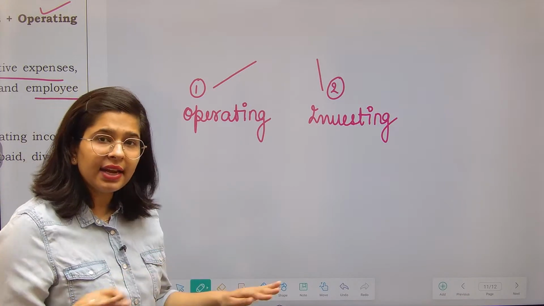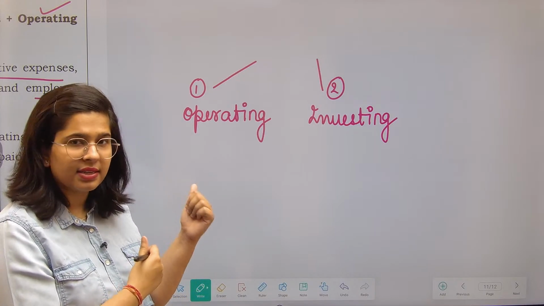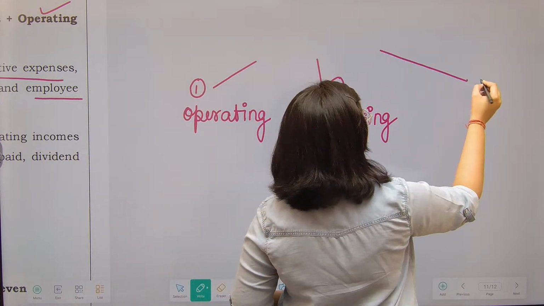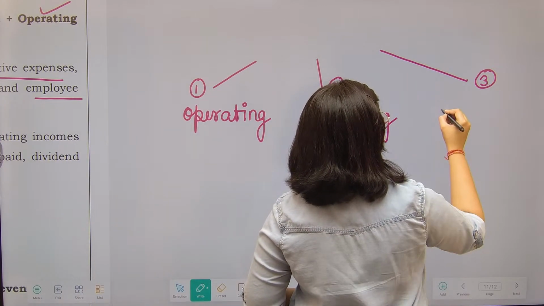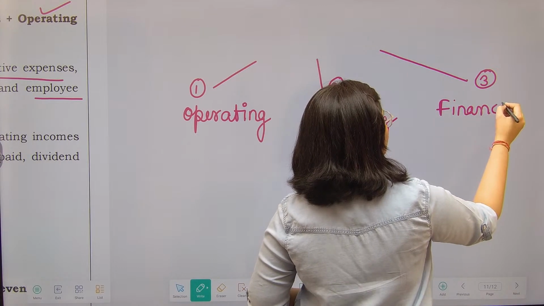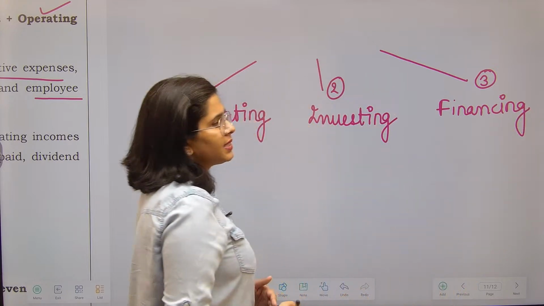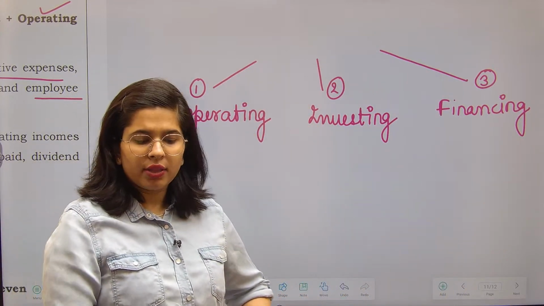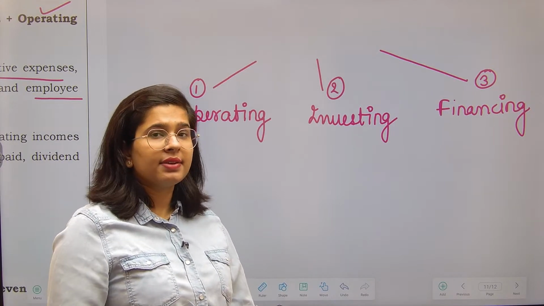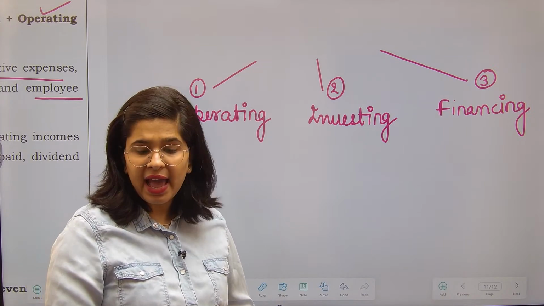That has nothing to do with my business of manufacture of medicine, right? So that is called investing activity. And third, we have financing activity. Financing activity means any expenses incurred on the issue of shares, on the issue of debentures, paying dividend, like that. They are all called financing activity.